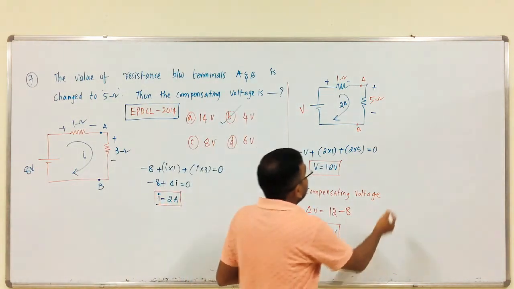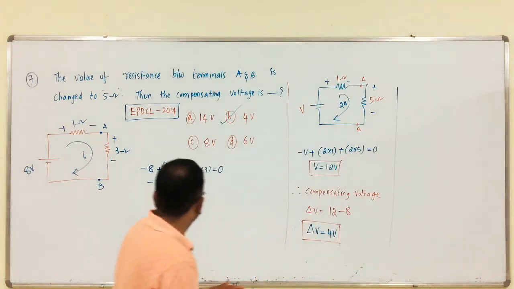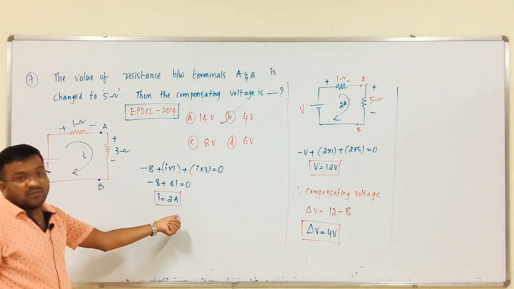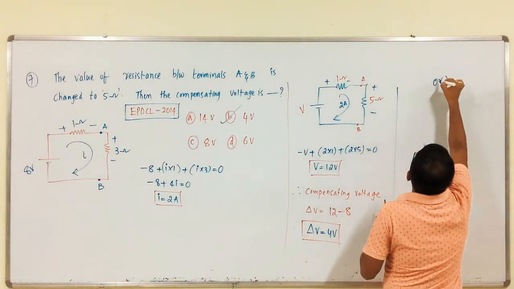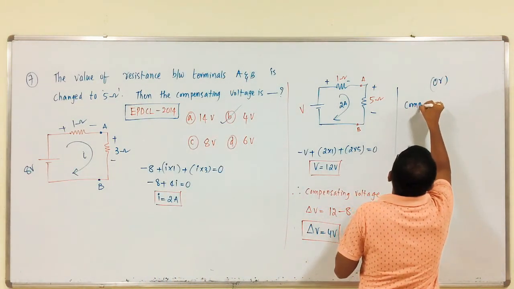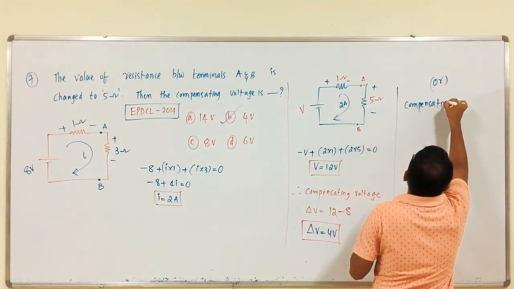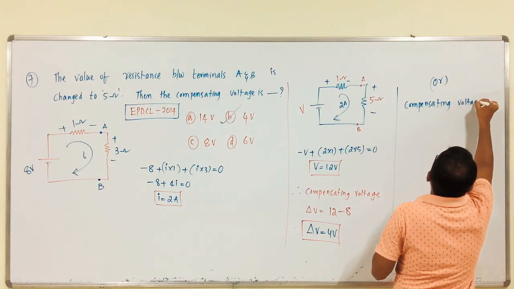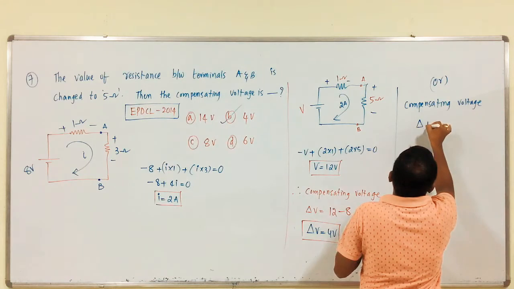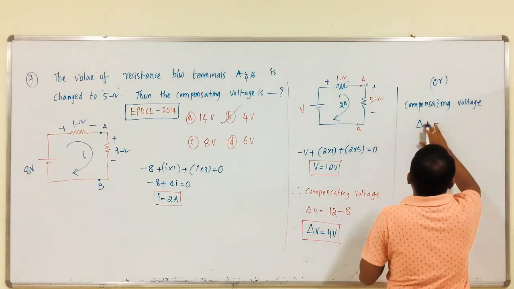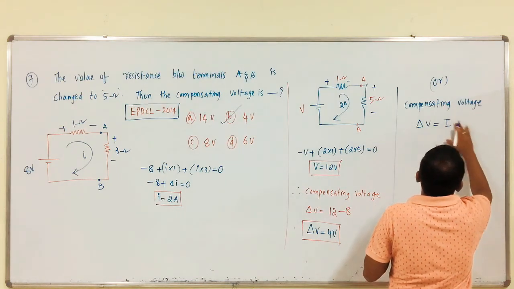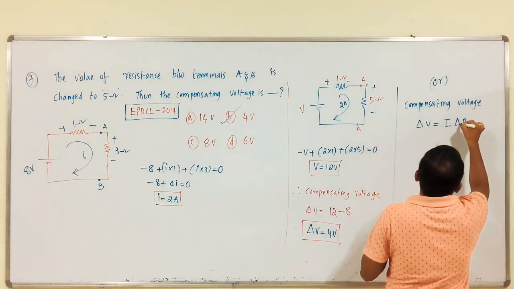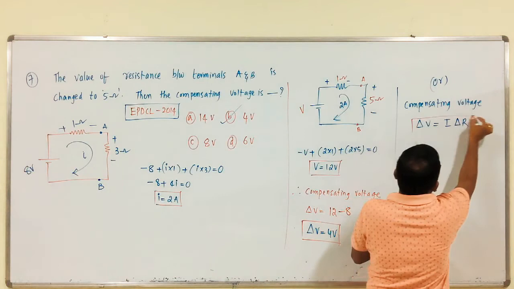Or we can calculate, see, we got current is 2 amps, no? Or the compensating voltage delta V, which is nothing but I into R, or change in R, right?